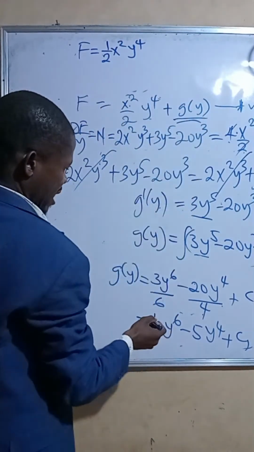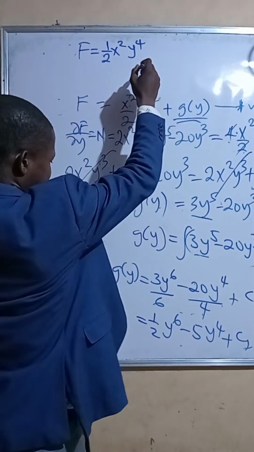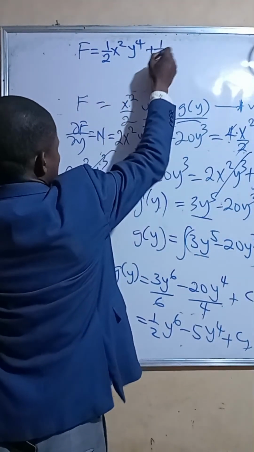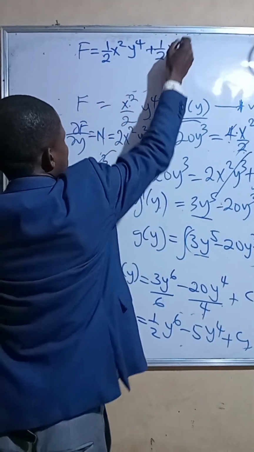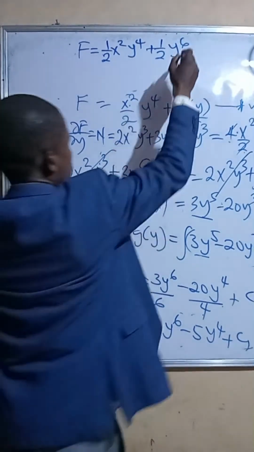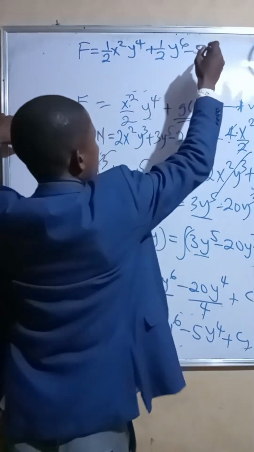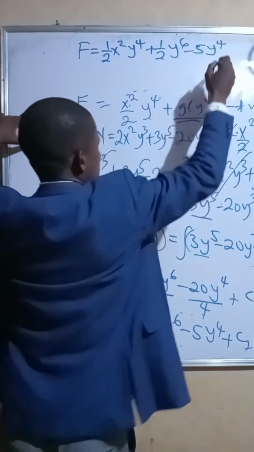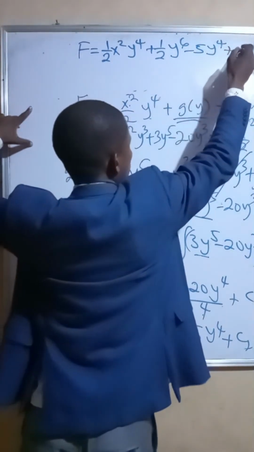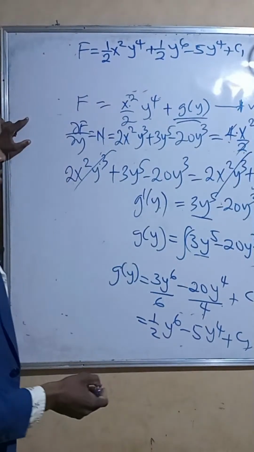My g of y is half y to the power 6 minus 5y to the power 4 plus c1, and plus 1 over 2 x squared y to the power 4.